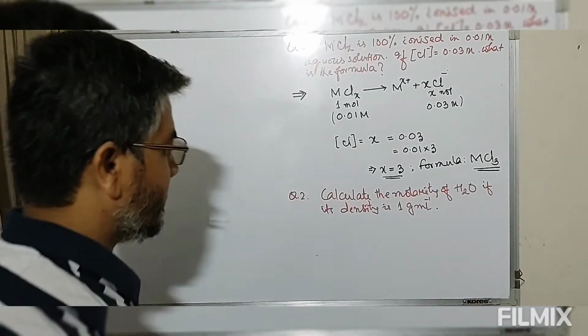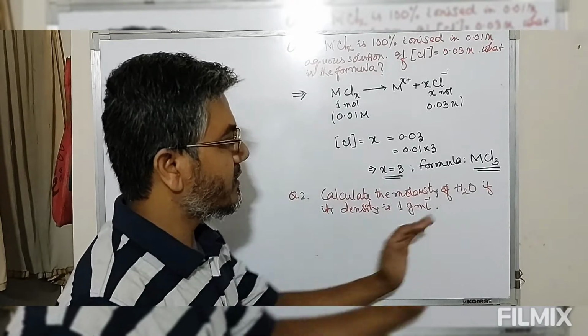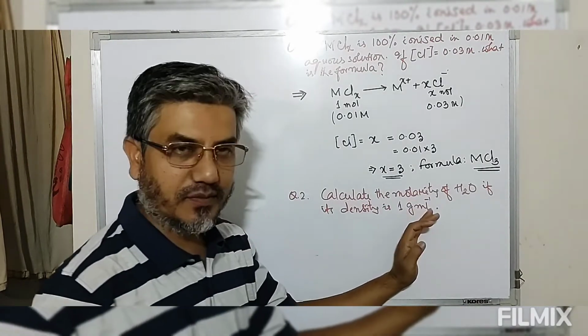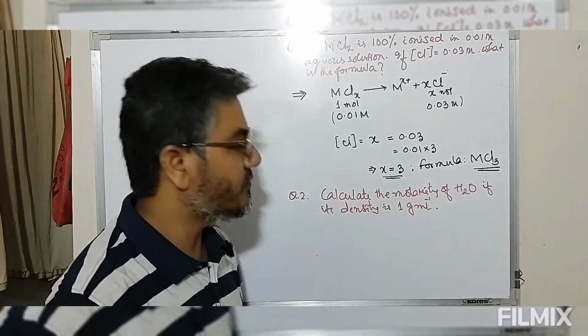Let's look at the second problem. Now we are given water whose density is 1 gram per ml, and we have to find the molarity of the solution.